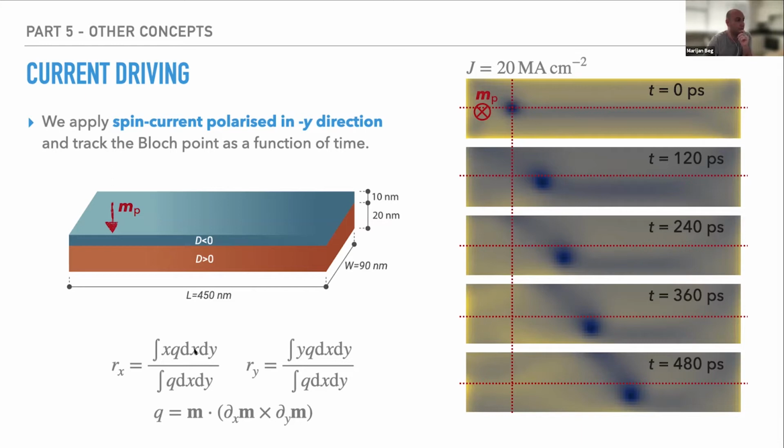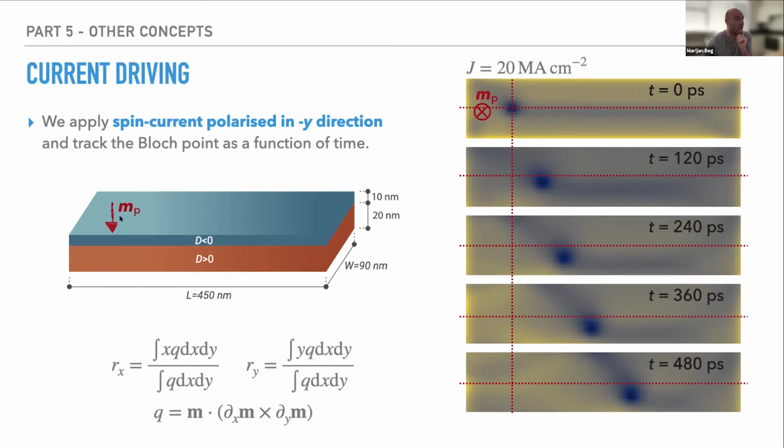My concern is, why do you use the 2D topological charge when the Bloch point is a 3D structure? Yes, so we are tracking the Bloch point not by tracking the Bloch point itself. We are tracking the Bloch point by looking at the vortex core that is in the top layer.